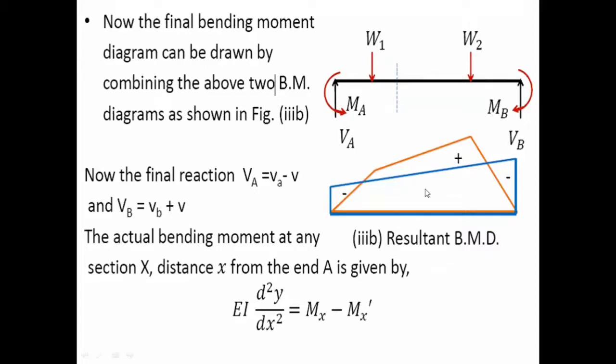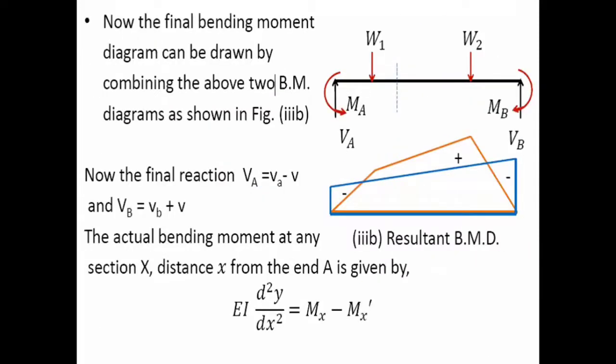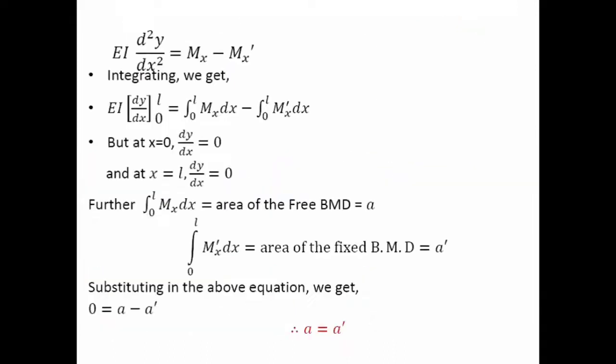Now we have to find mathematically what the fixed end moments MA as well as MB will be. So we have got this equation, EI d2y by dx square is equal to Mx minus Mx dash. So now we are going to integrate this equation.